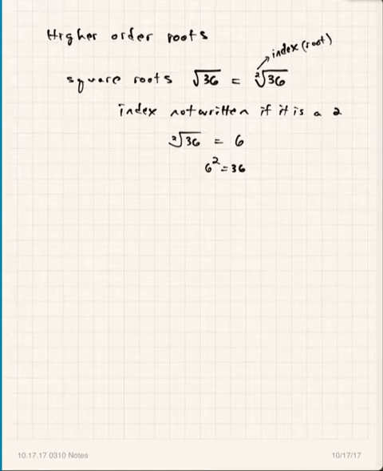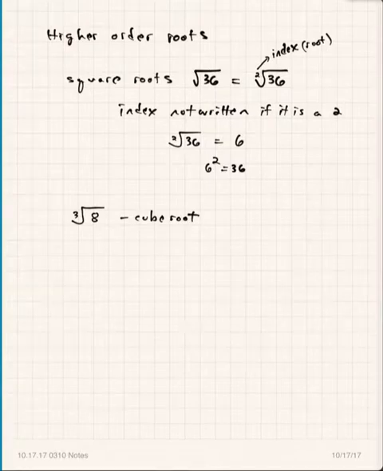It's also the root. We write the index there, but it's also the root. So it could be a 3, for example. And if the index is a 3, now you're talking about a cube root. Just like with square roots, you're looking for a number that when you cube it, you get 8.